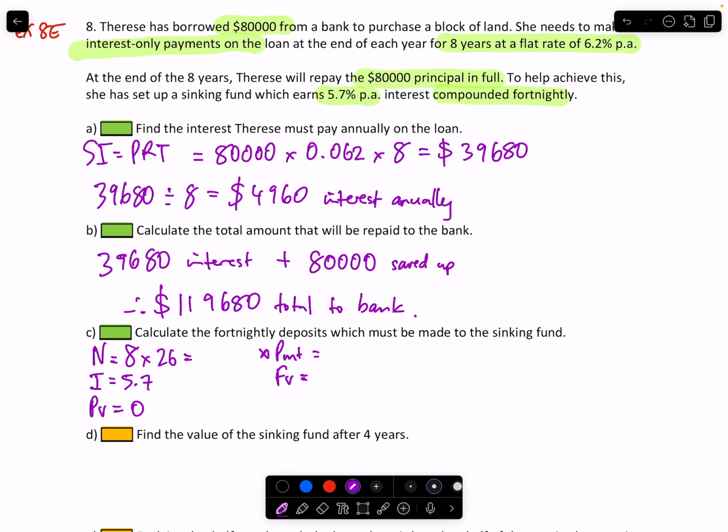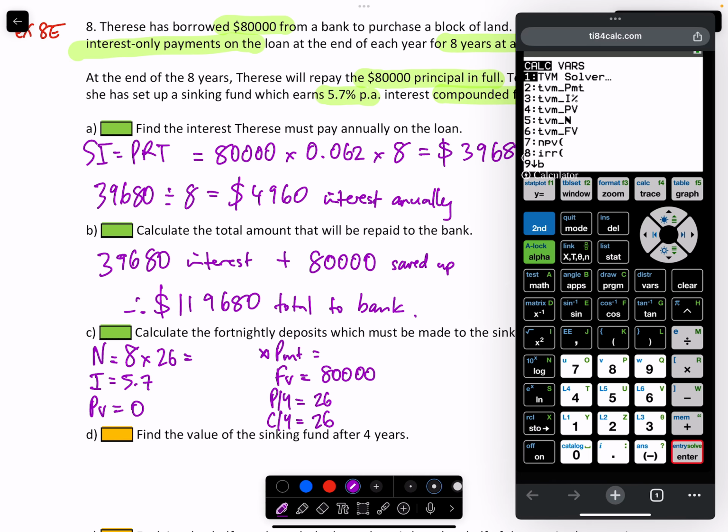FV, I want to have 80 grand ready to go to pay the bank because I've only been paying interest. PY fortnightly is 26. CY fortnightly is 26. So apps, finance, TVM solver, 8 times 26 is 208 payments. 5.7, start with nothing, end with 80 grand. 26, alpha, enter, negative 303.98 to 2 decimal points.